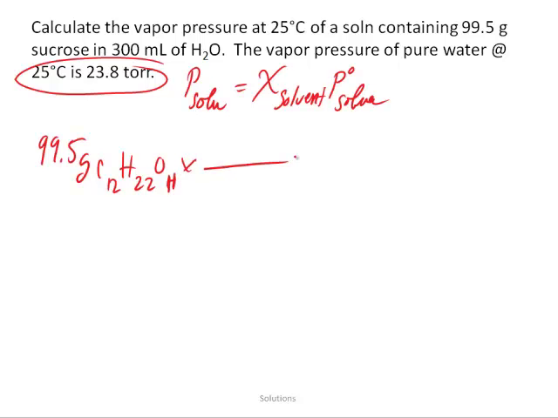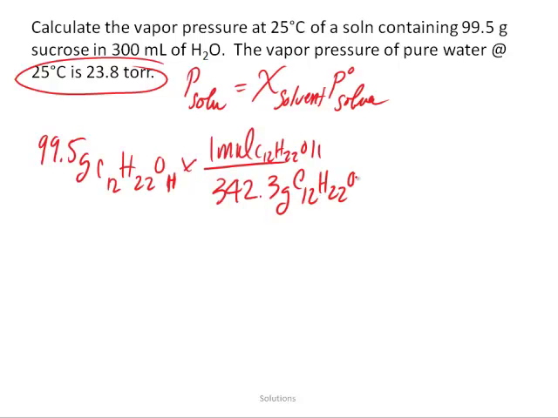If you calculate the molar mass of that, 1 mole of sucrose, C12H22O11, will have a mass of 342.3 grams. So you just calculate that, and that is 0.291 moles of sucrose.